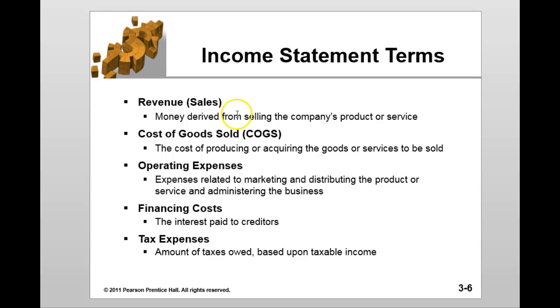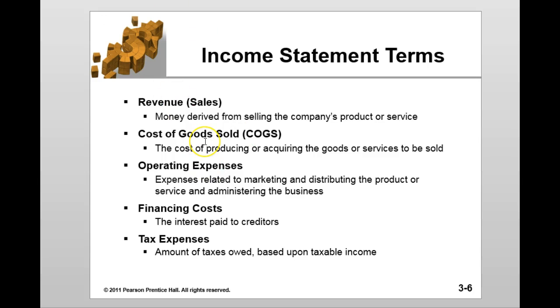So let's get on to some income statement terms. Again, here's revenue and sales. Okay, you have cost of goods sold, and that is only found in merchandising and manufacturing. If you're looking at a service-based business, you won't find the cost of goods sold because they don't sell goods, they sell a service.